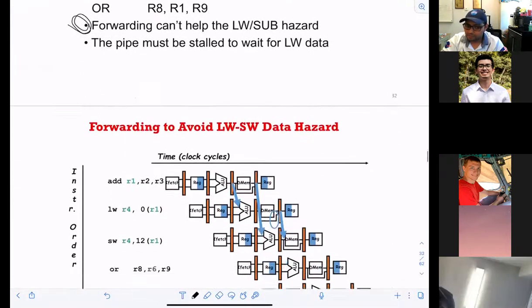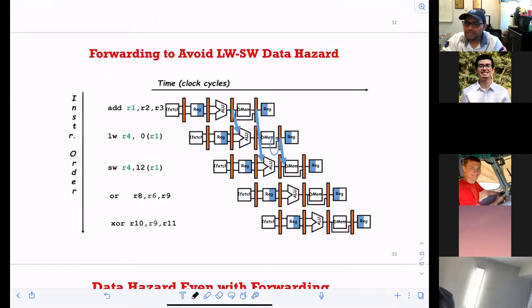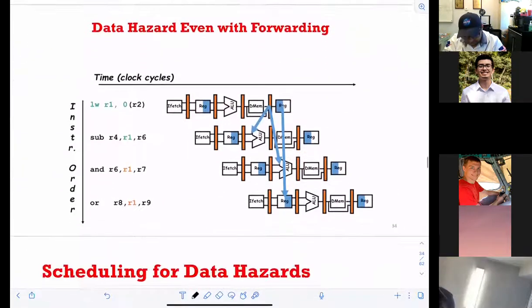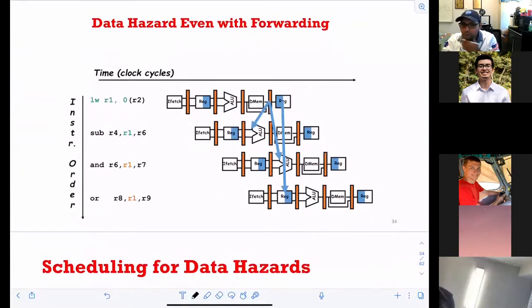Sounds good? Sounds good. The slide in front of us shows the problem and how you can avoid it, especially when I am dealing with memory, like load word and store word, and in the middle I have a bunch of R type instructions processing the data coming from the memory. That shows you how it works in a very efficient way.